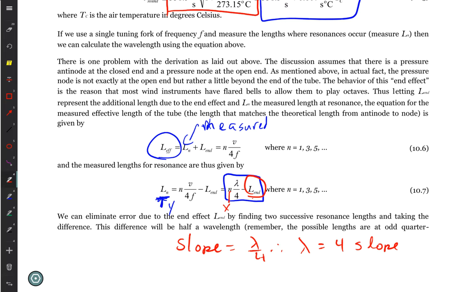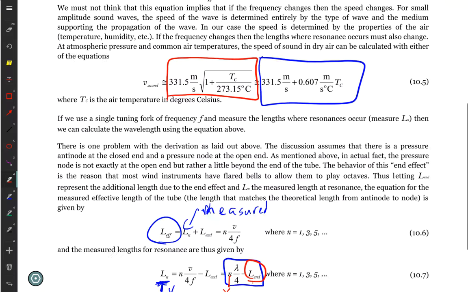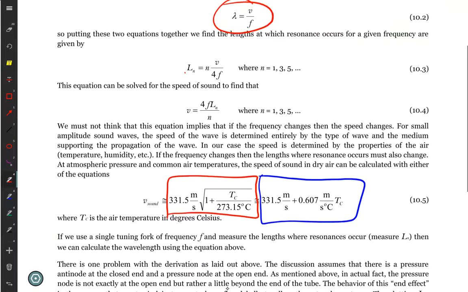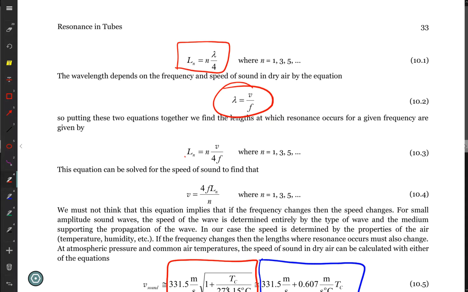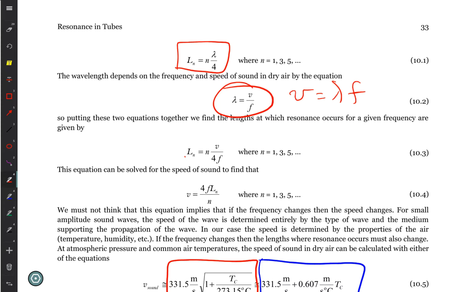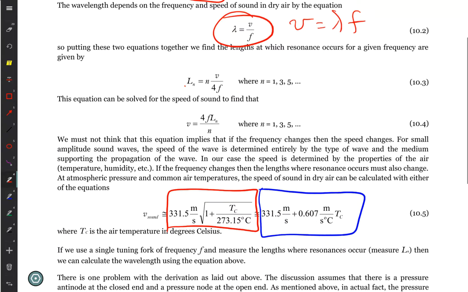So you need to determine what the end effect was for your experiment with your tuning fork and what the wavelength is. And then once you have the wavelength, you're just going to use, back to this equation, the speed of sound is equal to wavelength multiplied by frequency to find your experimental speed of sound to compare with the theoretical speed of sound that you got from this one here.